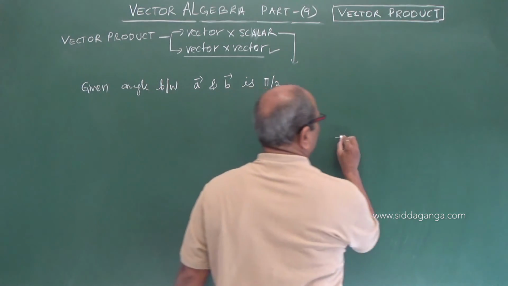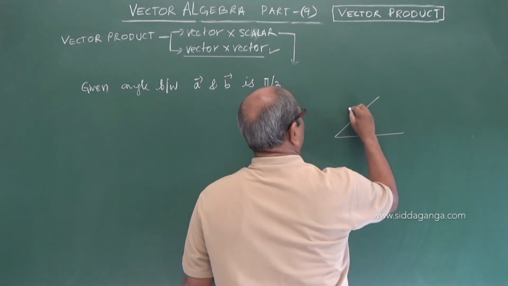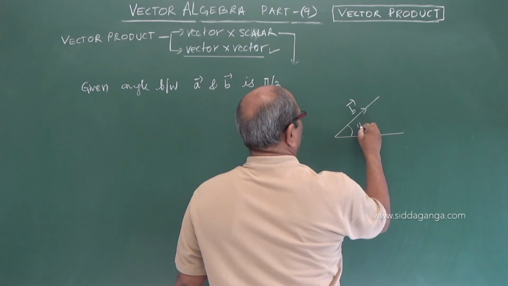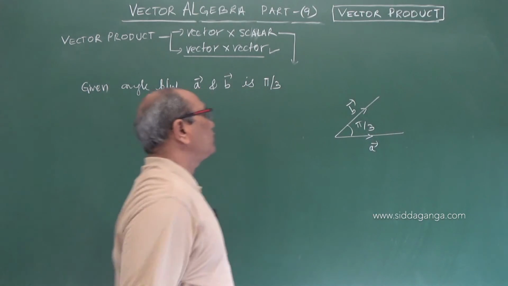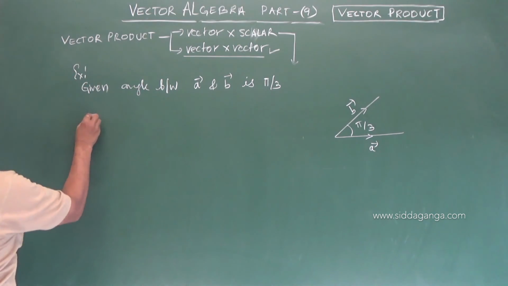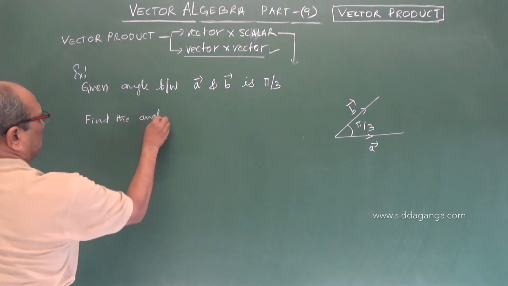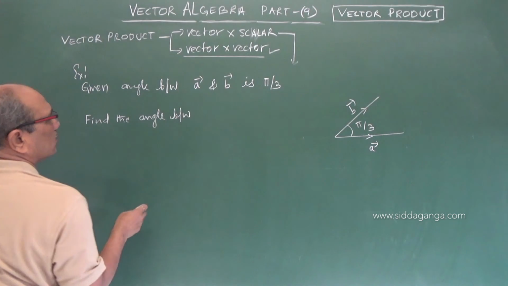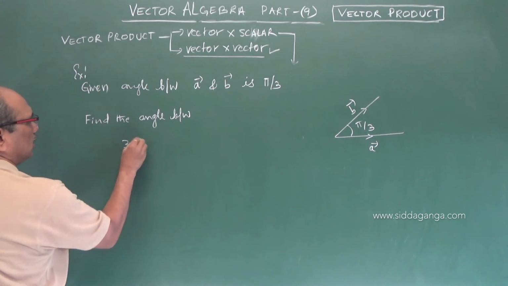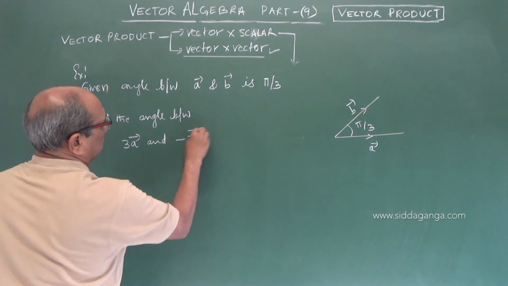Let us consider this is the vector A and this is the vector B, the angle is pi by 3. The question is, find the angle between 3a and minus 2b vectors.